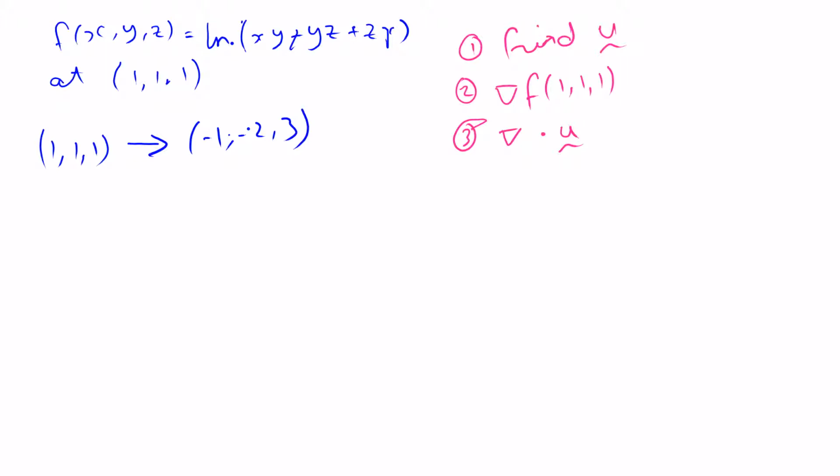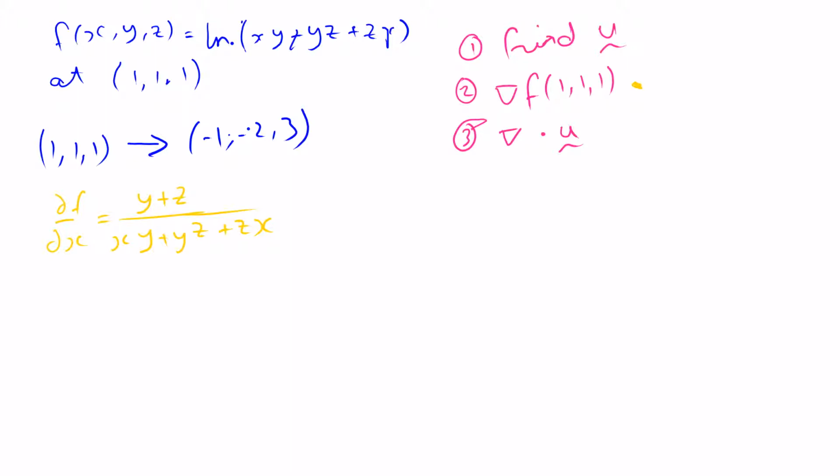So if we find the partial derivative of f with respect to x first, then this will give us y plus z over xy plus yz plus zx. This is part of our step 2, in order to find the gradient of f.